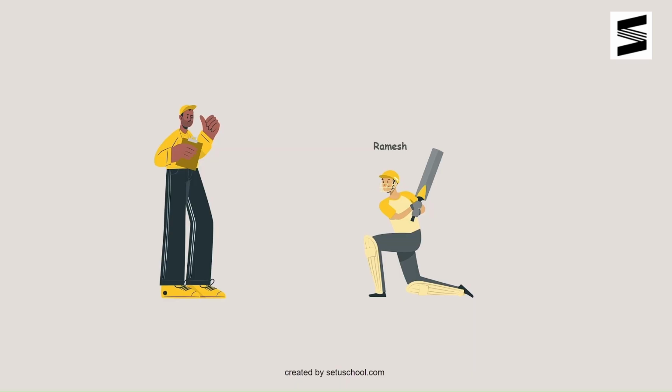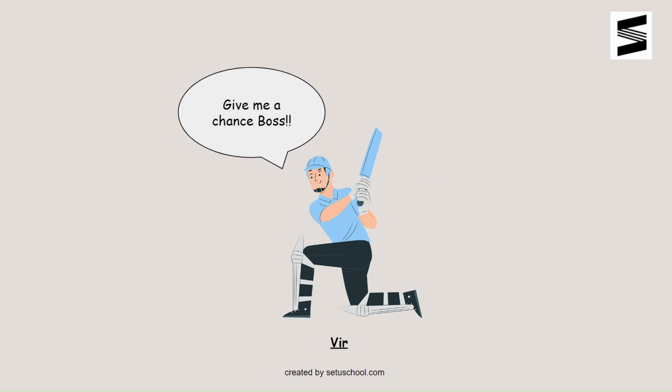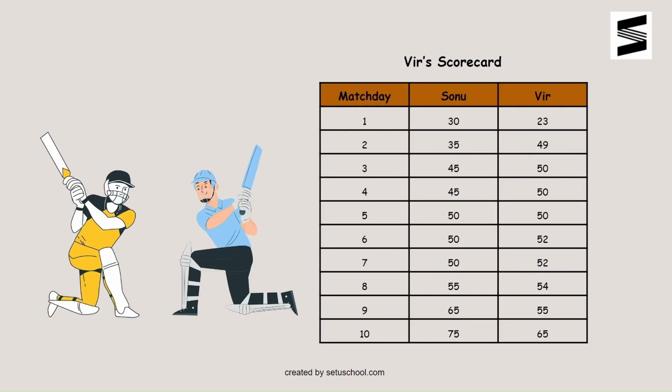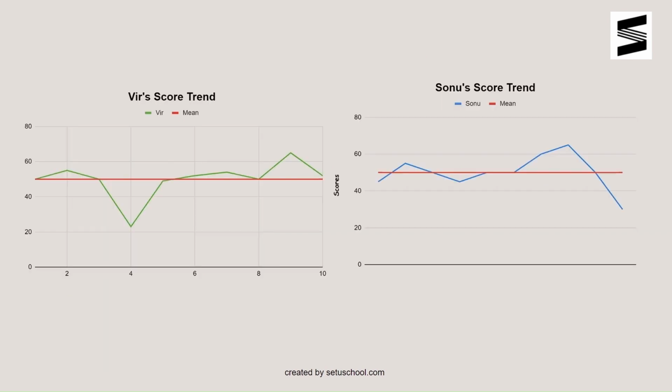Let's now say that Ramesh was left off the team owing to an injury, and thus Veer entered the game. His scorecard for the previous 10 innings is like this. And if we put Veer's score right next to Sonu's, we will see that Veer's performance is quite steady and he is quite consistent also.